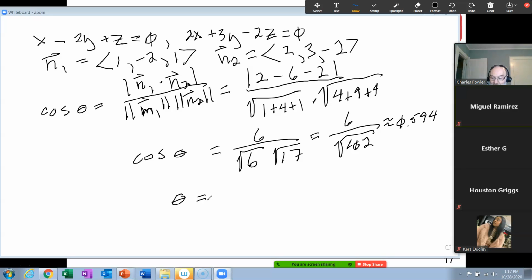I'm pretty sure I'm in degree mode, so I'm going to switch to radian mode. Then I do an inverse cosine, and I get 0.93 and so on. So theta is approximately equal to 0.935. I'm going to just round it there.